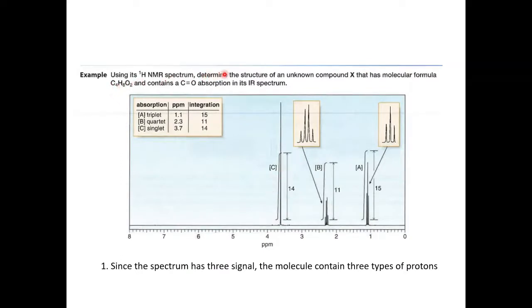Using the NMR spectrum, we determine the structure of unknown compound X, which has molecular formula C4H8O2. So 4 carbon, 8 hydrogen, 2 oxygen. Now in your mind, two oxygens may mean an ether group, a carboxylic group, or maybe an ester, something like that, and it's a C=O absorption in the IR spectrum, right?